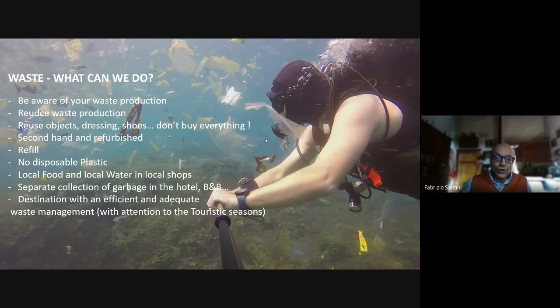Reuse your clothes, your objects. Don't buy every time something new. Use second-hand or refurbished objects. Refill your bottle again. Use as little disposable plastic as possible, so single-use plastic, I mean. Pay attention to separate collection.